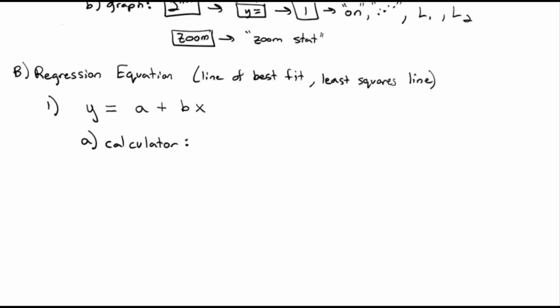And the way the calculator can do that is we actually run what's called the linear regression t-test. So we'll hit Stat. We'll scroll over to Tests. And we'll scroll down to the lin reg t-test.